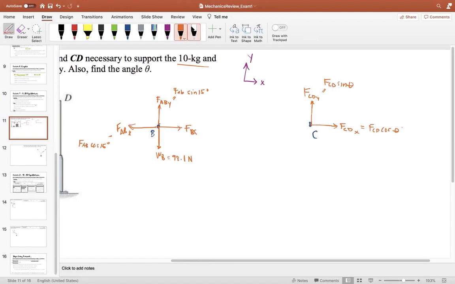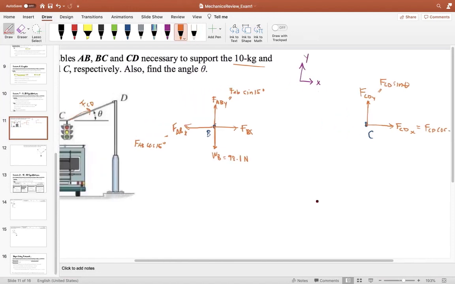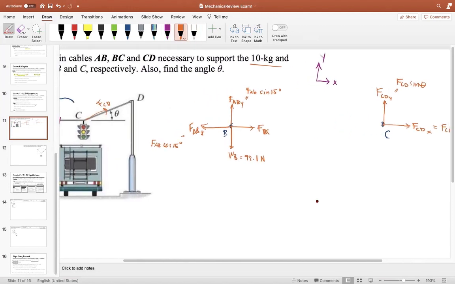Okay, yeah, no problem. So going back to C, what other forces am I missing? Force BC in the left direction. And then one more. The weight of the stoplight. Pretend that's vertical.